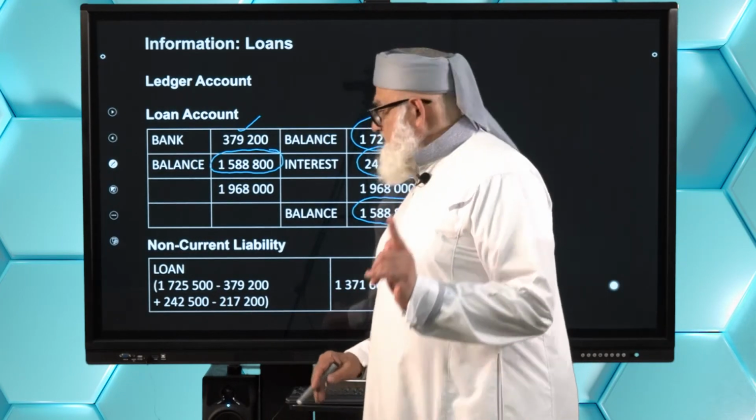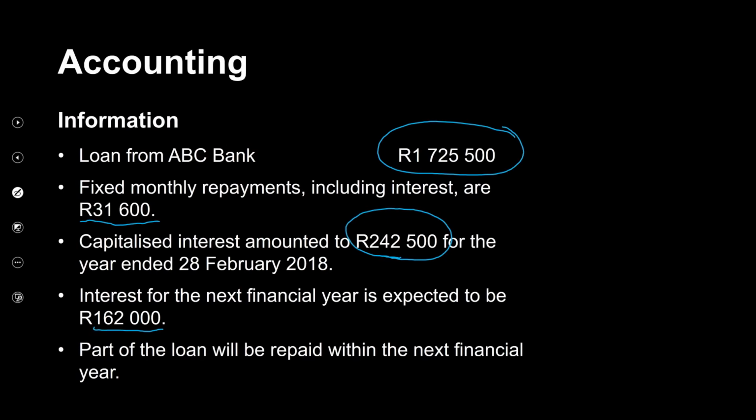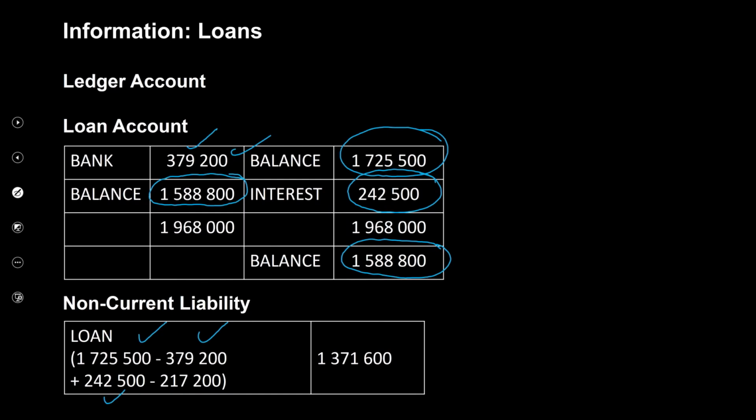Now this is important. Your loan was 1,725,500 minus the 379,200, you can clearly see there, plus the 242,500, and you are told that the interest for next year is expected to be 162,000. So watch this figure closely, guys.